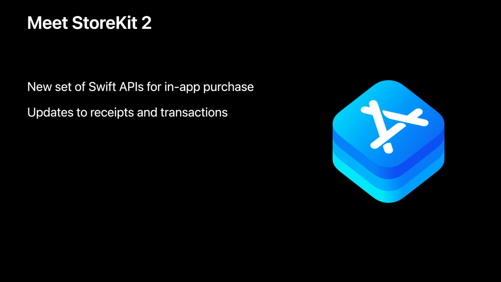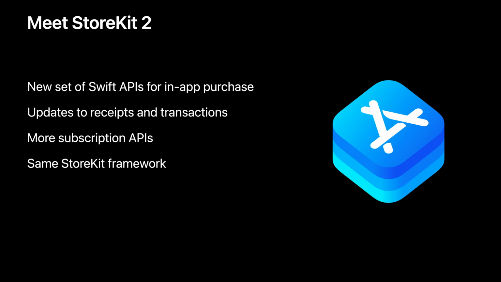We've also made some huge updates to in-app purchase transactions, making them much easier to work with, while also providing more information and high security. And we've added more powerful APIs specifically for subscriptions in order to give you deeper insight that you can use to grow your business. StoreKit 2 APIs live inside the same StoreKit framework that exists today and focus on the core in-app purchase experience rather than replacing every API.